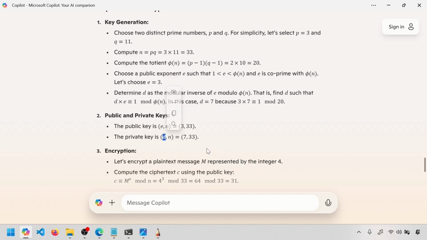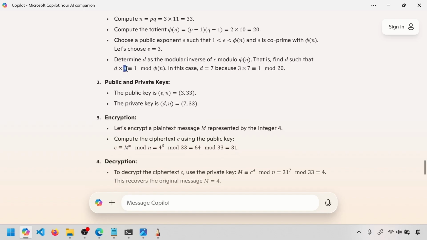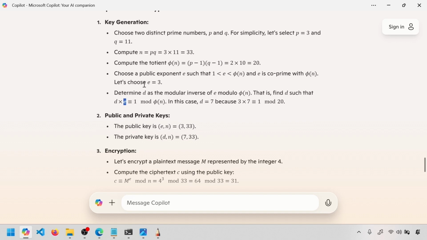Let's see what are the things we are using to calculate d. First of all, we are using e to calculate d. E is required to calculate d. As you can see here, e is used. Another thing we are using is phi n. Is it public? No, it is not public. But e is public though. Everyone knows e, which is used to calculate d. E is public, but this is not public.